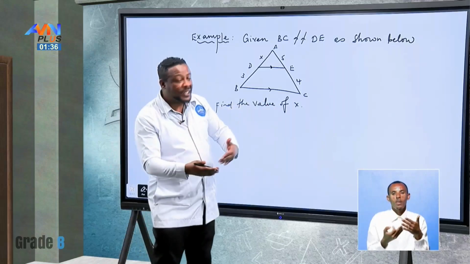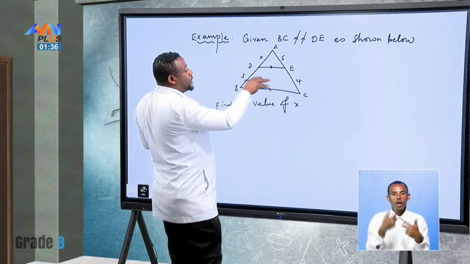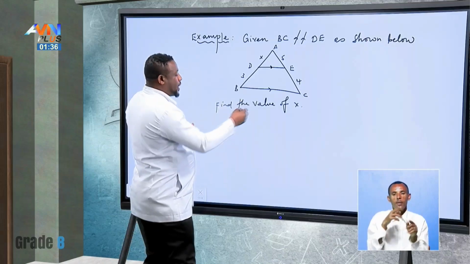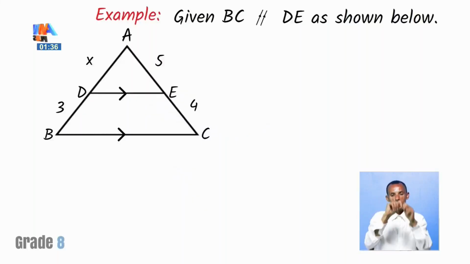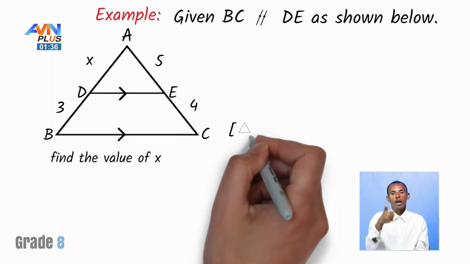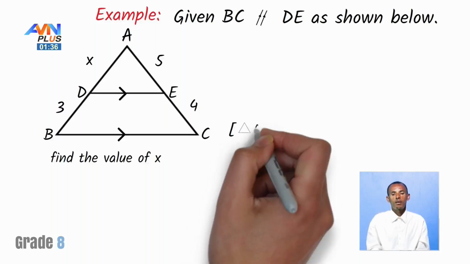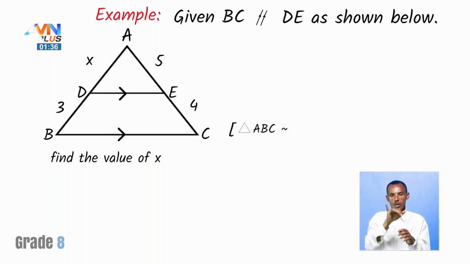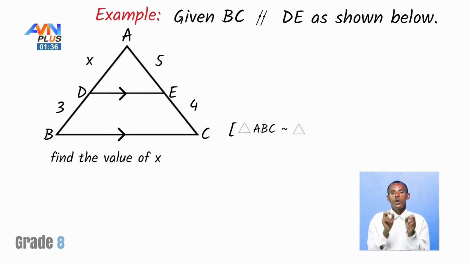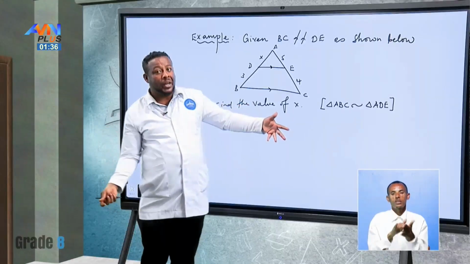In our previous example, we have proved that if these two sides are parallel, the two triangles, triangle ABC is similar to triangle ADE. Okay, we were able to prove this fact using angle-angle similarity, right?